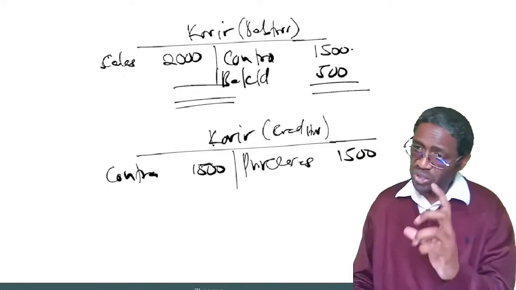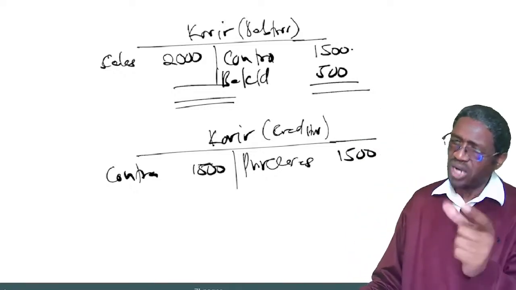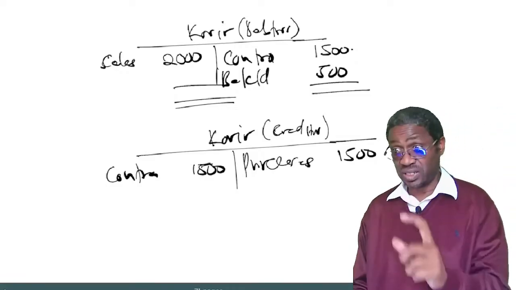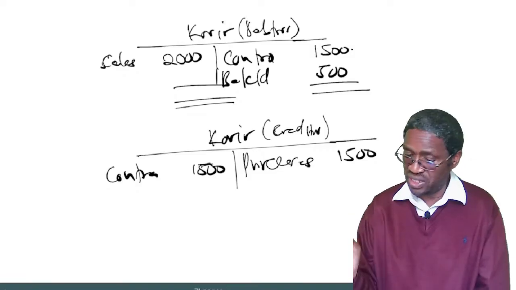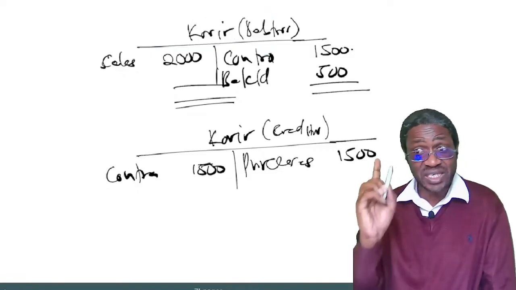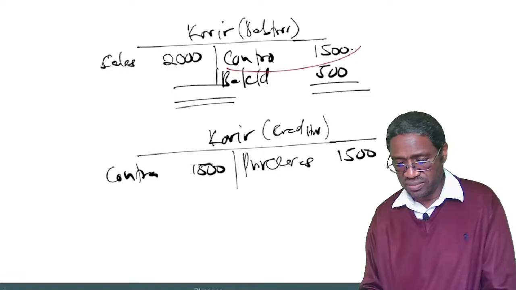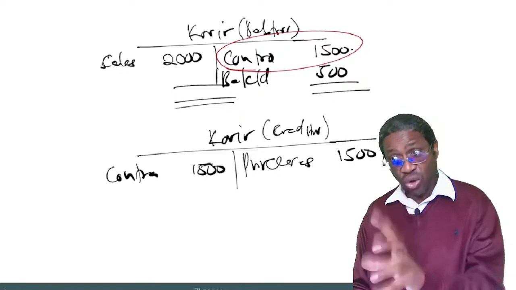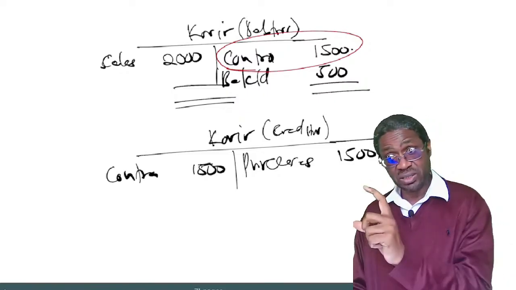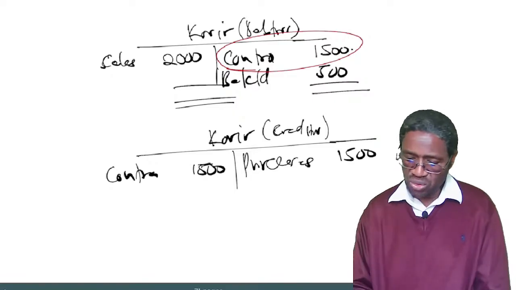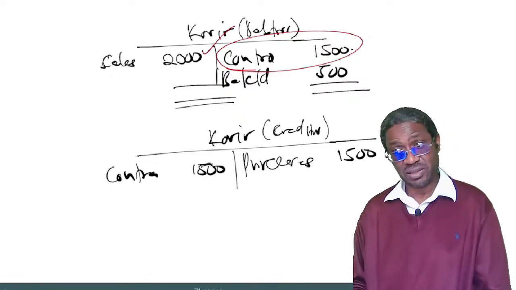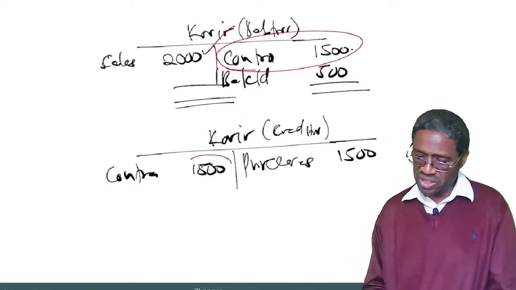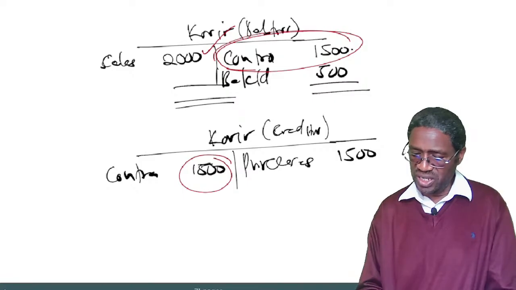But the point I'm trying to say is, when one person is a debtor and at the same time a creditor, you offset. How have we offset? Listen, I've gone to the debtor's account and credited. That's what I want you to see. I've gone to the debtor's account and I've credited, because when I sold to Coril as a debtor, I debited. Now that I'm doing a contra, I have to debit creditors and credit debtors.